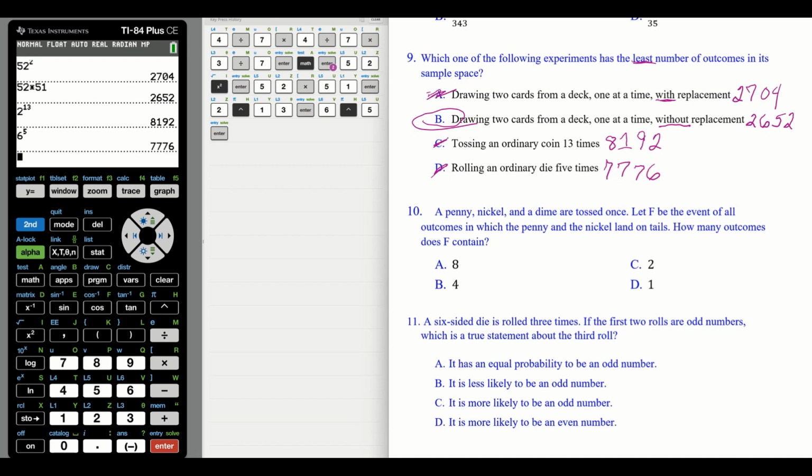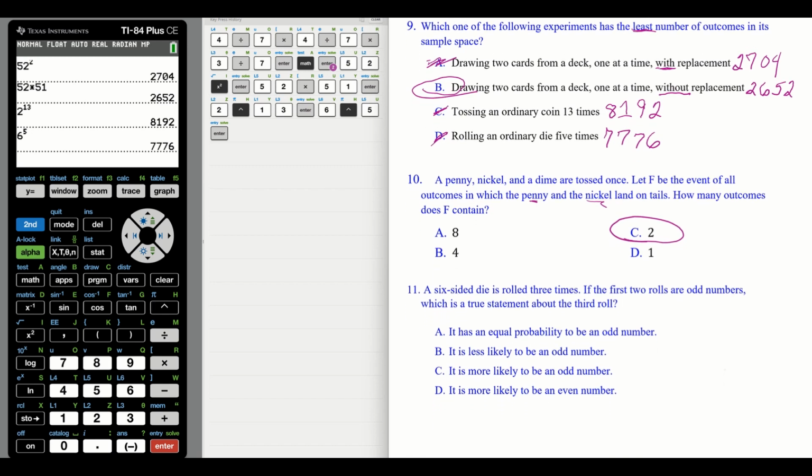Well, that would be the penny landing on tails and the nickel landing on tails. That's simply 2 outcomes. Okay, they're not asking about probability. That's kind of a trick question. Let's move on.